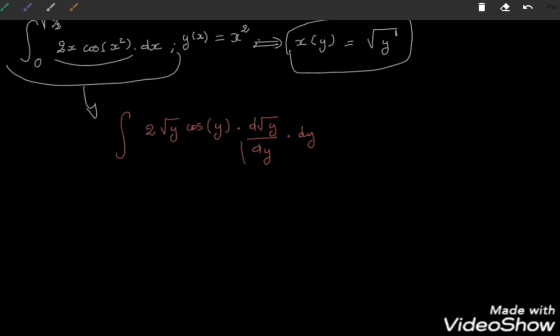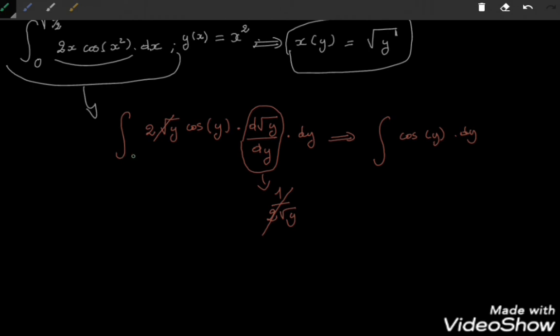So this is equal to 1 divided by 2 square root of y, and this term shall be cancelled out with this term, and we end up with the integral of cosine of y d of y, which is quite easy to calculate. There's one thing that I forgot here, which is the limits of the integral.